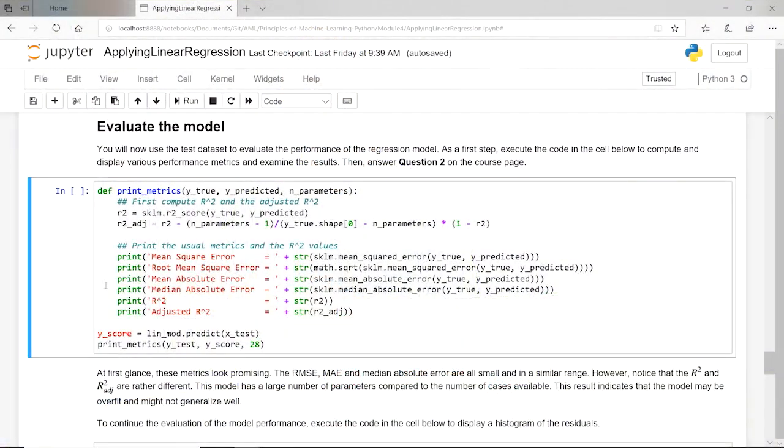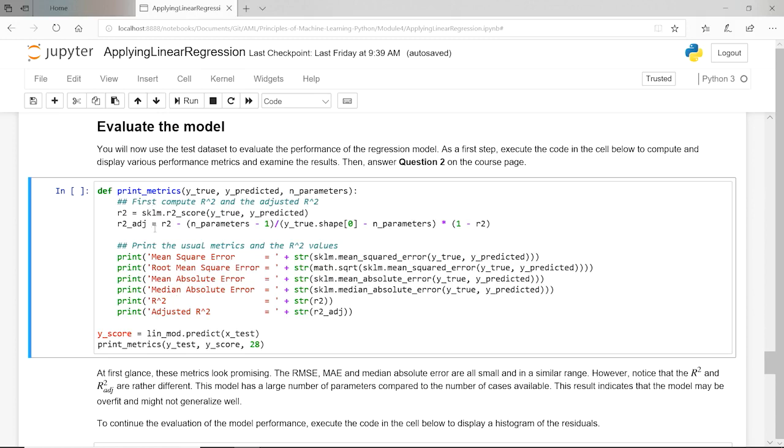On my screen here, I've created some code to compute and print some commonly used metrics for regression models: mean squared error, root mean squared error, mean absolute error, median absolute error, R squared, and adjusted R squared.